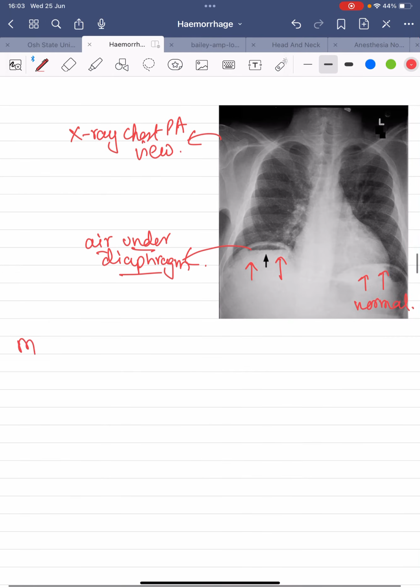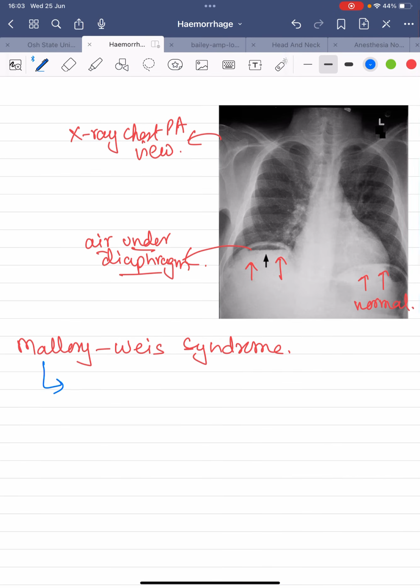In Mallory-Weiss syndrome, please remember it is characterized by a longitudinal tear involving the mucosa and submucosa.